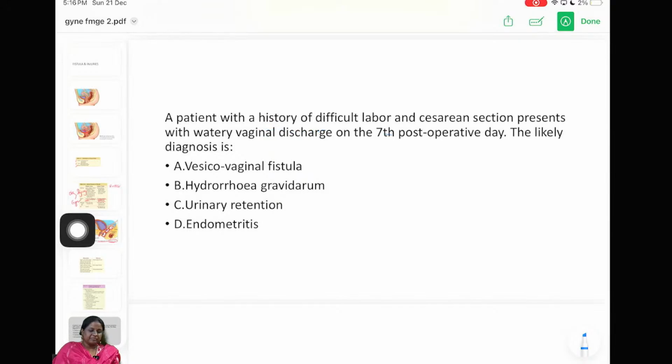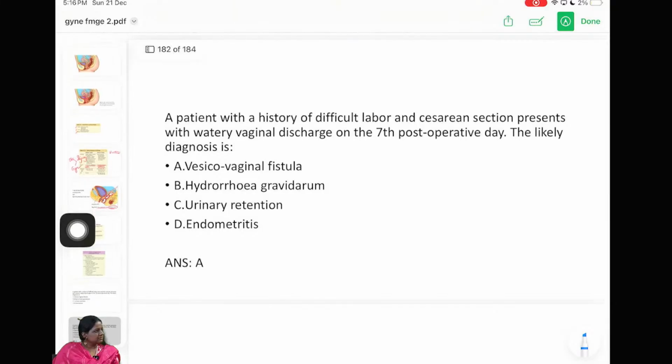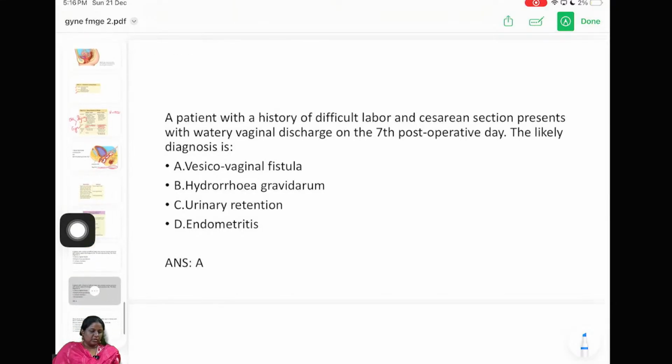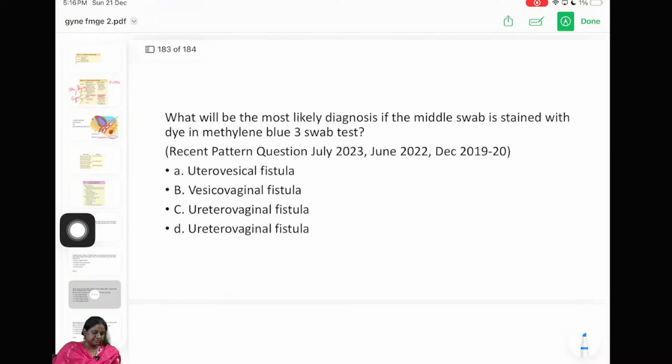Now, listen to this. History of difficult labor and cesarean section presents with watery vaginal discharge on 7th postoperative day. What do you suspect? Okay. Yes. What is that watery vaginal discharge? Urine. Okay. The middle swab is stained with dye. Imagine the picture.